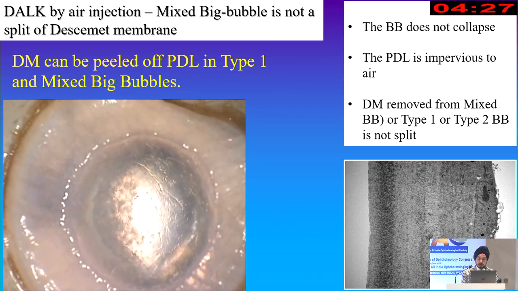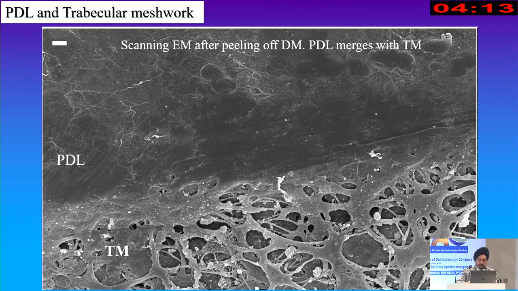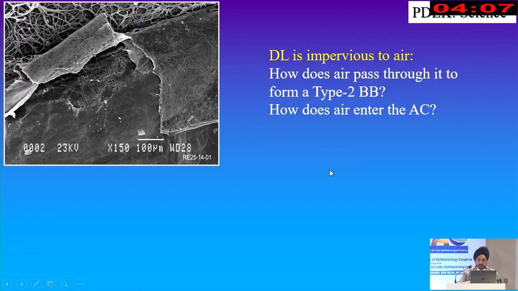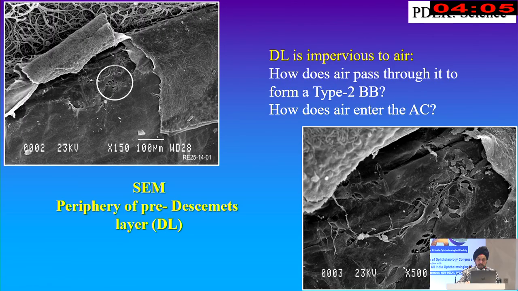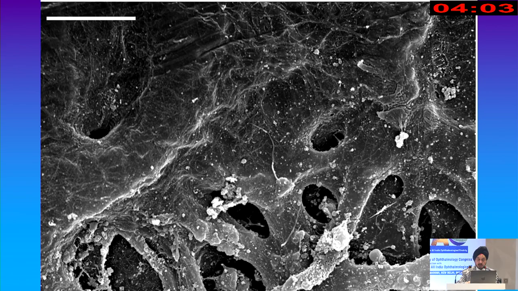It doesn't burst, telling you that the pre-Descemet's layer is impervious to air. But when you do histology of the Descemet's peeled from a type 1, a type 2, or a mixed bubble, it's completely intact. There's never a split between the banded and non-banded zones, which was the explanation provided for a mixed bubble. This pre-Descemet's layer continues as the trabecular meshwork, and there are fenestrations at the periphery like so, and these fenestrations are what allow air to escape and cause the type 2 bubble to start at the periphery.